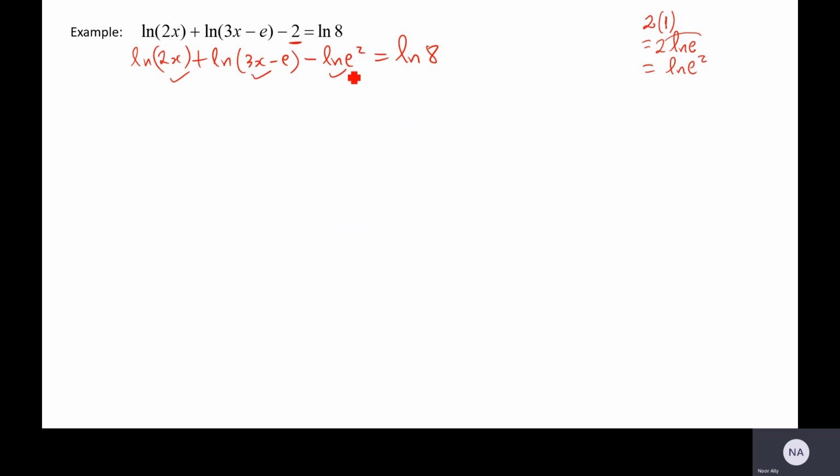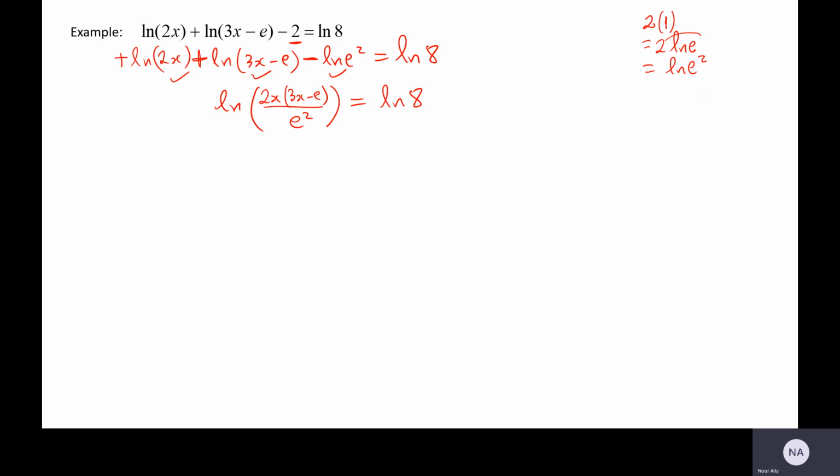There's 1, 2, 3 logs. I must write this as a single log now. That has a plus sign, that has a plus sign, that has a minus sign. So it'll be 2x times 3x minus e, divided by e squared, is equal to ln of 8.